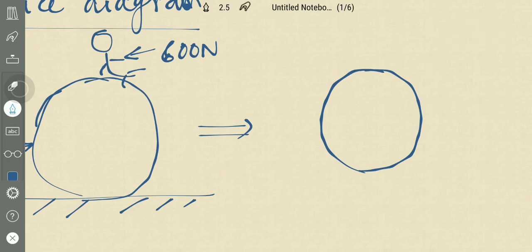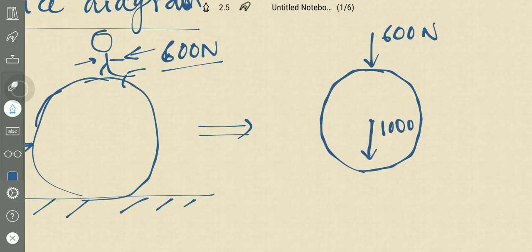This body has a force from this guy who is 600 newtons weight, 600 newtons, and this rock has self weight of 1000 newtons, and this surface is exerting a reaction of R.